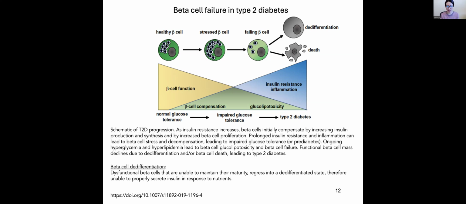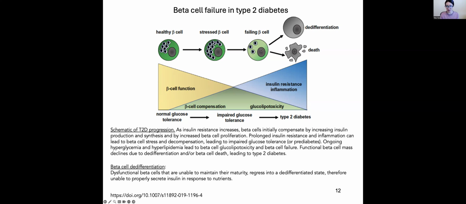That stage can be characterized as pre-diabetes. And this ongoing unresolved condition of hyperglycemia and hyperlipidemia will lead to beta cell glucolipotoxicity and eventually beta cell failure, okay?